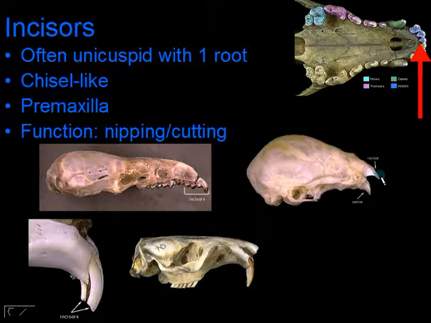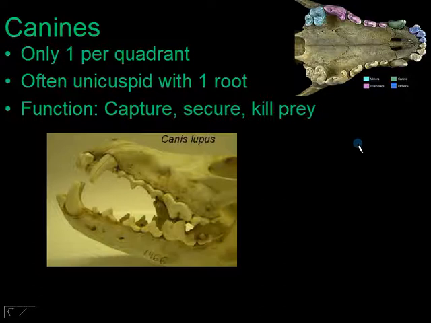Next would be vampire bats, in which the incisors have a flat blade-like front with which they scrape the skin of their host before they actually drink the blood. The next set would be the canines, and usually you will find only one per quadrant. When we say quadrant, it's basically one half, actually one quarter, because if you consider the lower jaw, so 1, 2, 3, 4.